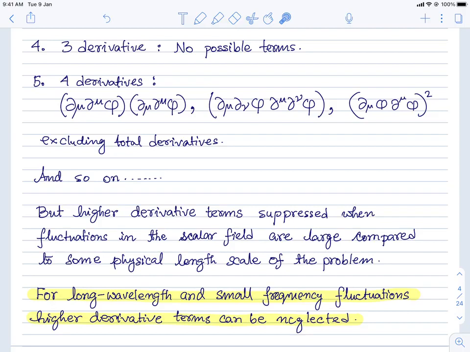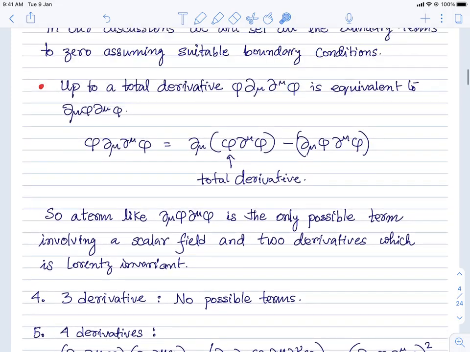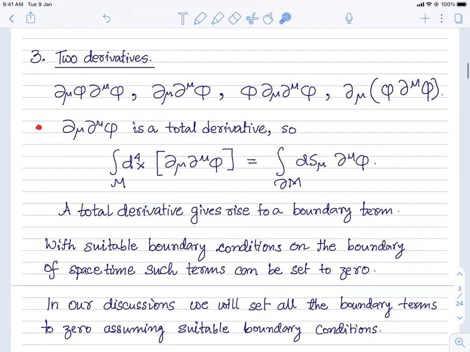So we would at least require the first leading order term to have some derivatives, and in this particular case that is given by the two derivative term, which is uniquely fixed. So if we want relativistic invariance of the Lagrangian density, and we stick to two derivative terms, which is the minimum number of derivatives, then with this idea that the higher derivative terms would be suppressed in terms of long wavelength compared to some intrinsic length scale of the problem.